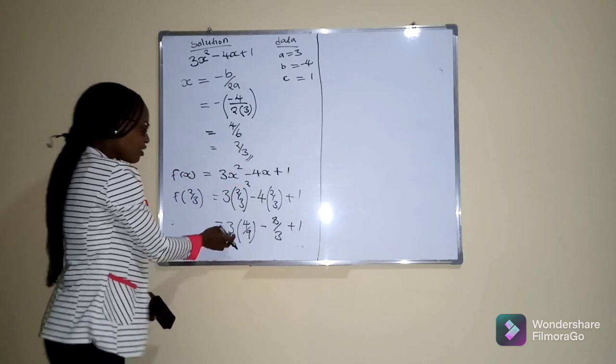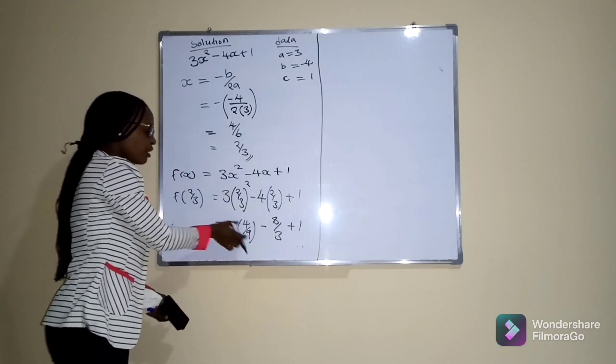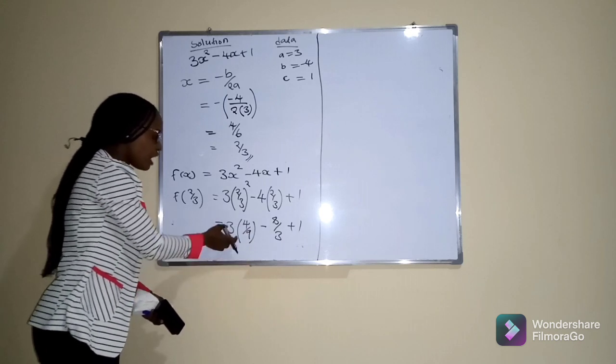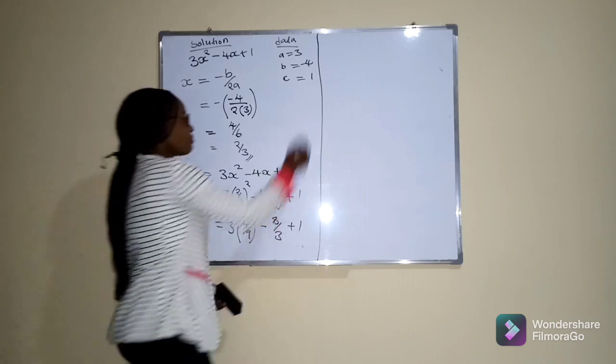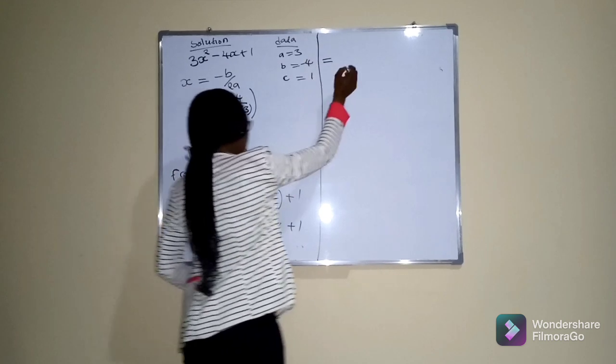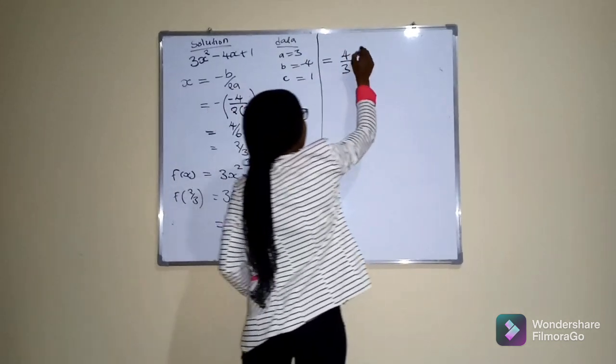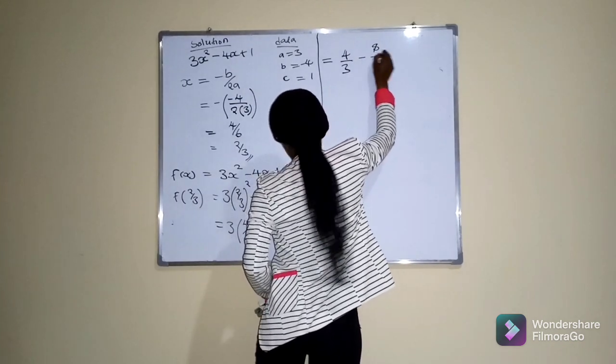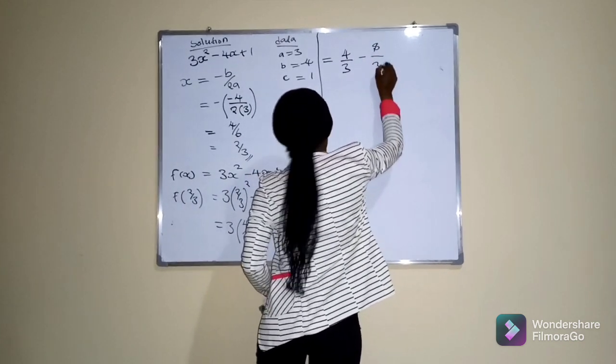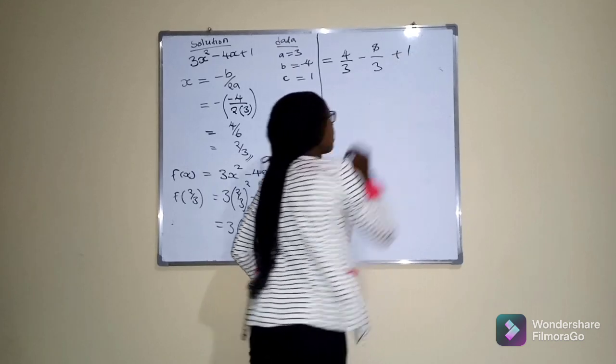Looking at this, 3 can go into 9 3 times, and 3 into 3 gives us 1. So from this side, we're now going to have 4 over 3 minus 8 over 3 plus 1.